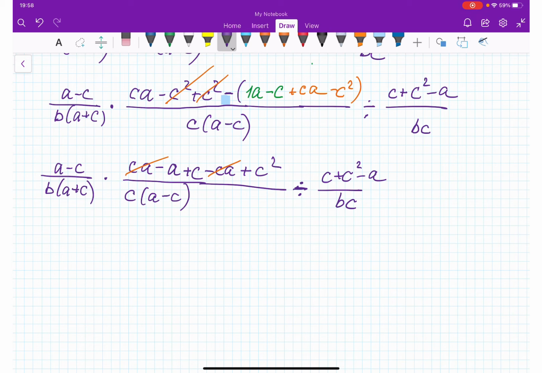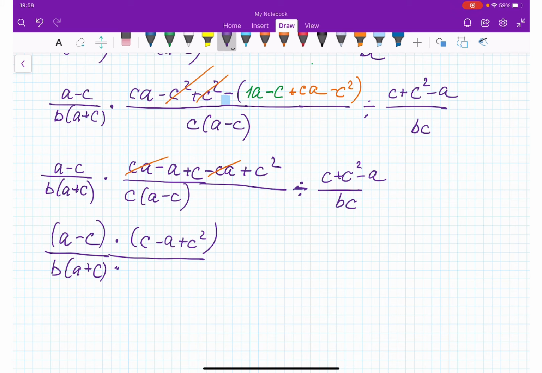Look, very easy. A minus c over b times a plus c. So here I have multiplication. It's going to be c minus a plus c squared. I put c first because I don't want to start with negative term.